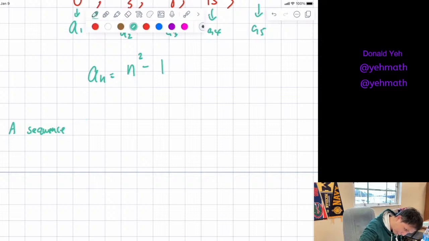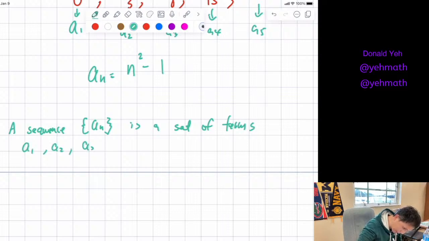A_n is a set of terms: A1, A2, A3, and so on. n has to be a positive integer.